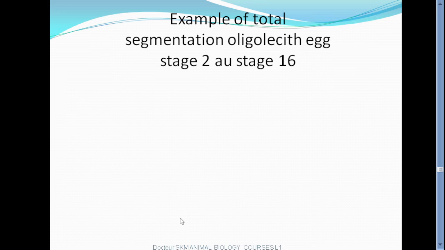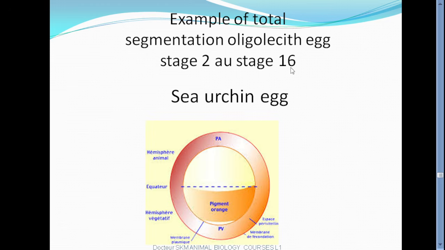For the total segmentation, we will take oligolecithal egg as example, and we will follow its series of divisions from the stage 2 to the stage 16. As example, we will take sea urchin. The sea urchin, as you can see, is composed of several things.